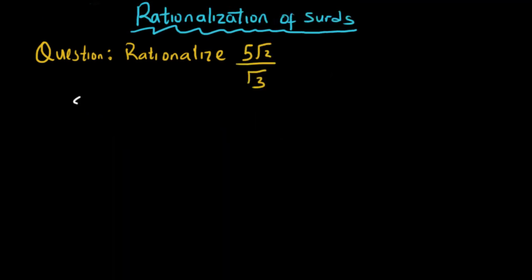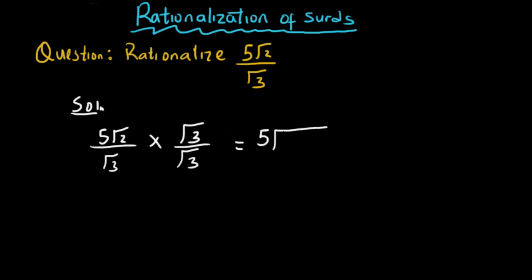Rationalize 5 root 2 over root 3. Remember, to rationalize, we multiply by the fraction of the denominator. 5 root 2 times root 3 is the same thing as 5 root 2 times 3, I hope you can still remember, all over root 3 times root 3, which is like root 3 times 3.